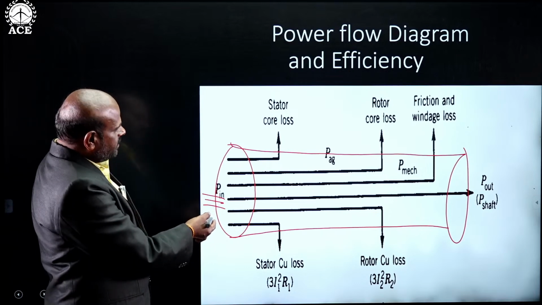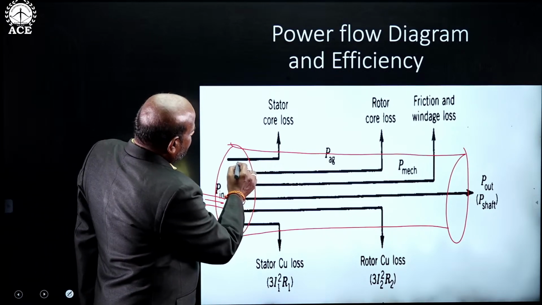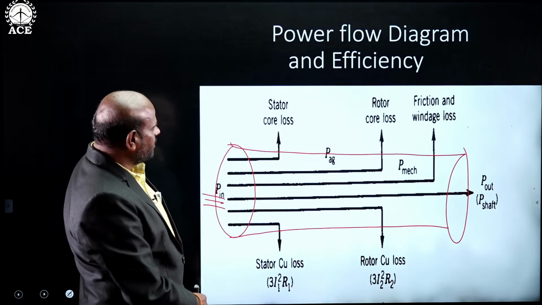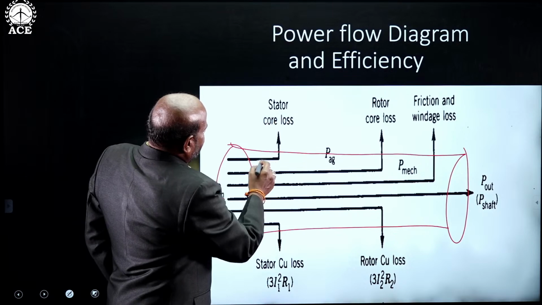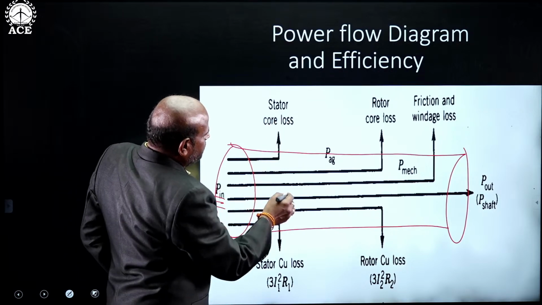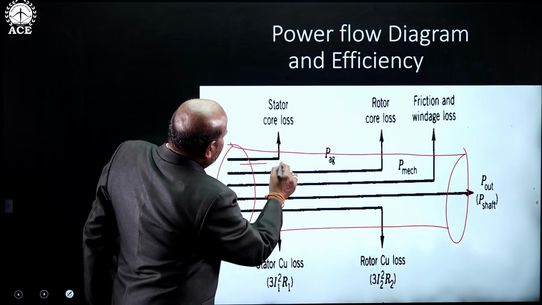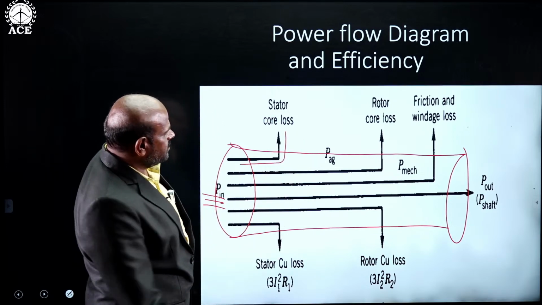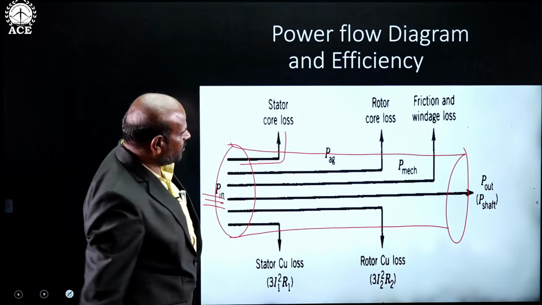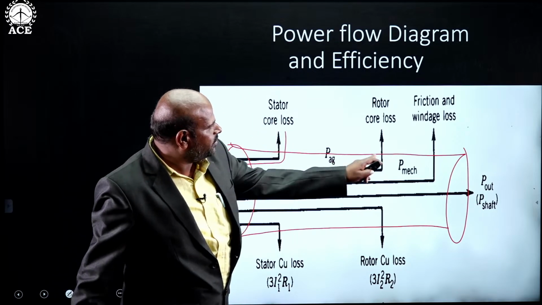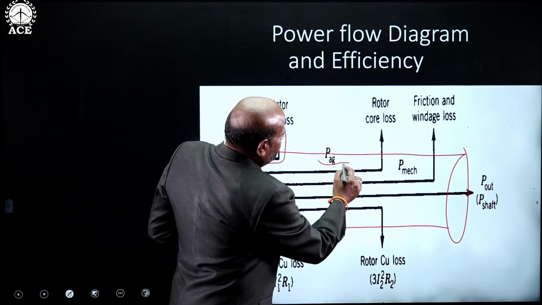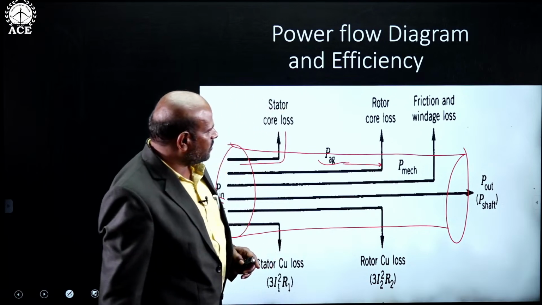Root 3 VI cos phi. And what are the core losses? Core losses is nothing but hysteresis and eddy current losses, stator core loss. Then after deducting this, directly the input power minus stator core loss is nothing but power input to the rotor. So this is nothing but air gap power, that is input to the rotor.